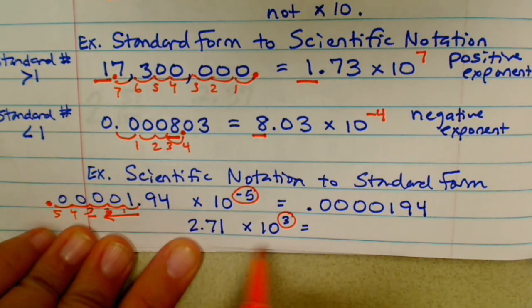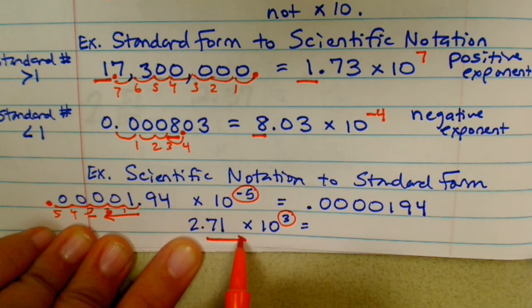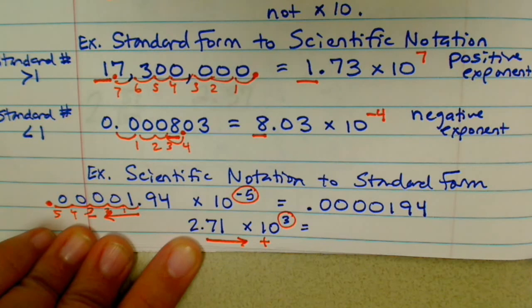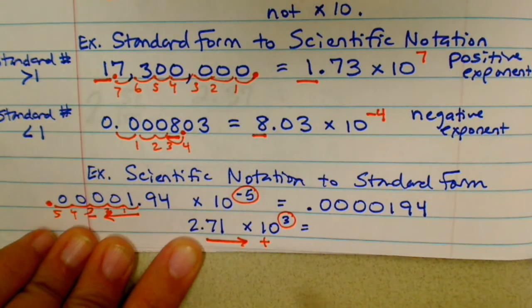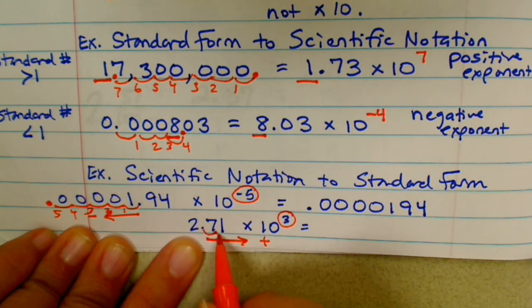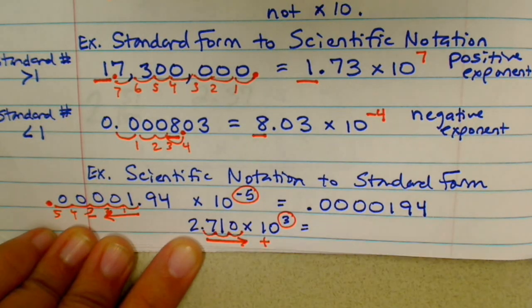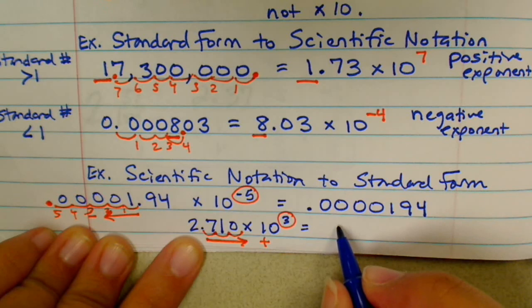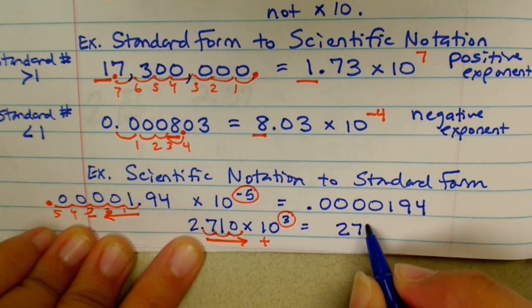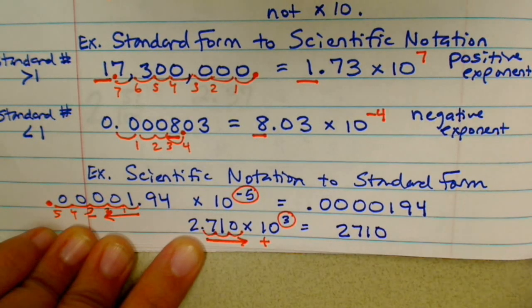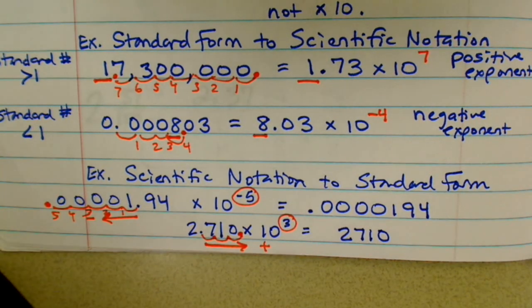Well, positive numbers on the number line are to the right, so I need to go in this direction. That's a +3. So I need to move the decimal 3 places to the right. 1, 2, 3. So I'm going to add a 0, and this number in standard form is going to be 2710, because we moved the decimal behind the 0.